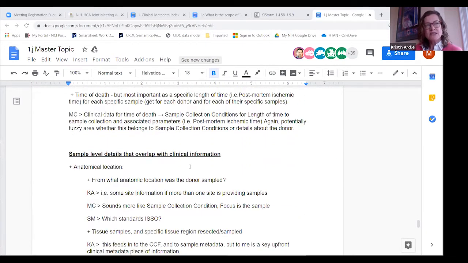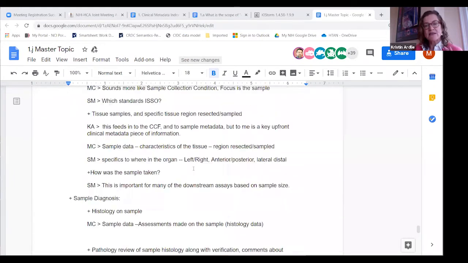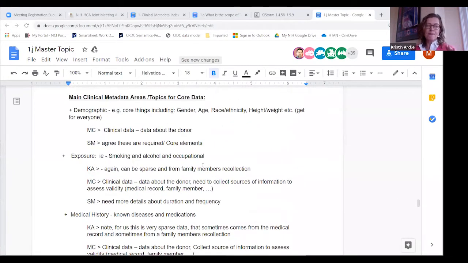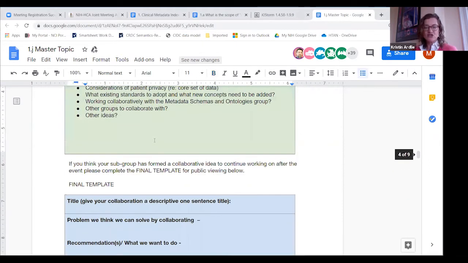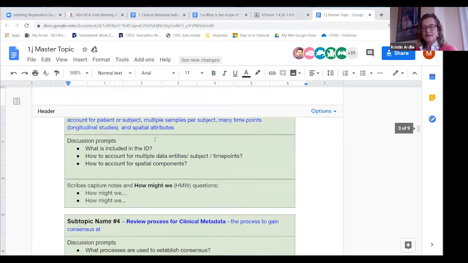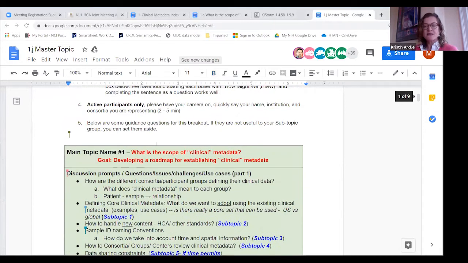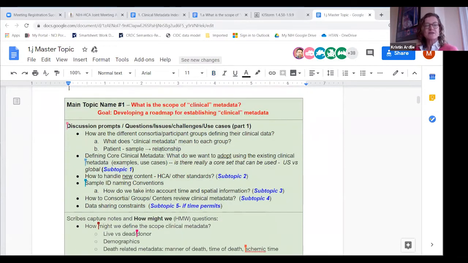So those latter ones become very sample focused, and they may be part of the things that feed into the sample collection group that comes later on, either today or tomorrow. But to me, all of those feed into our suite of things that we know make a big difference when we analyze downstream data.